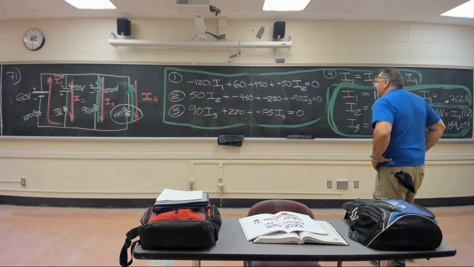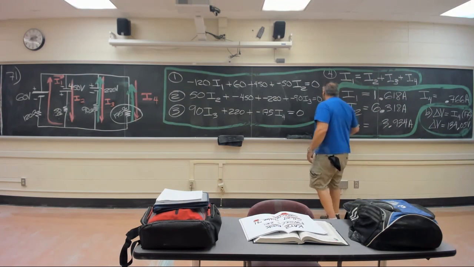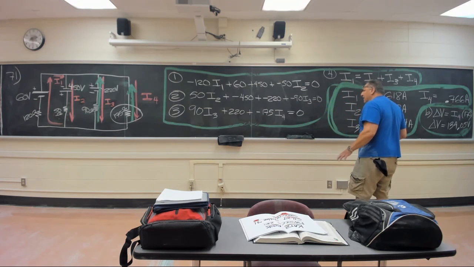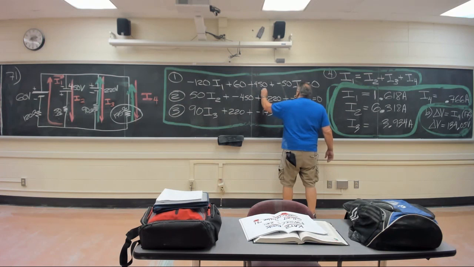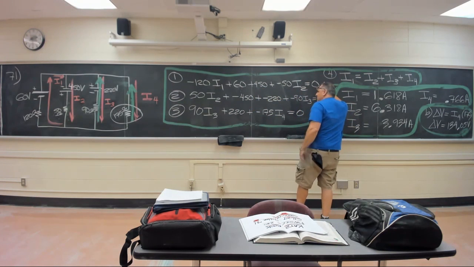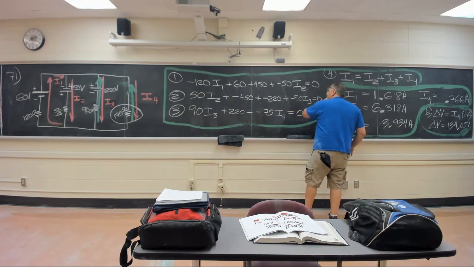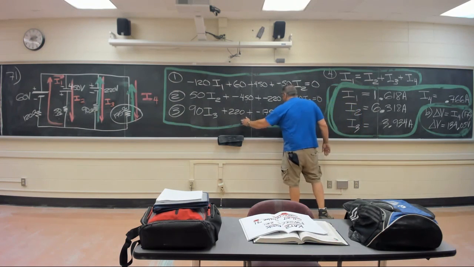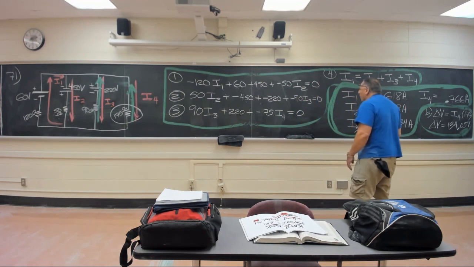There's a lot to be said here, guys. Now you could say, well, how am I going to do Cramer's rule if everything gets set equal to 0? Well, hold on here. There's a constant and a constant, and I can get it over here, and it's a non-zero constant over there. As long as they're not all zeros, you can do it, and Cramer's rule is going to work.